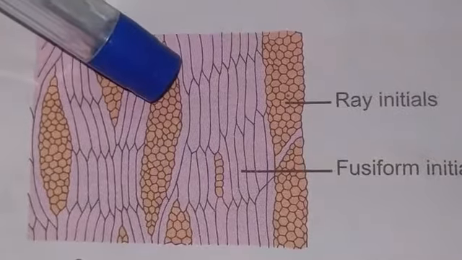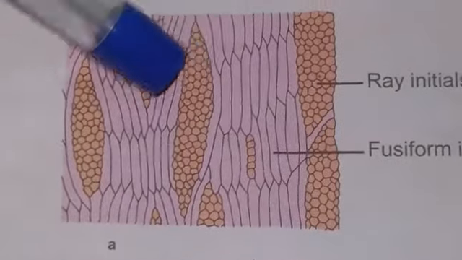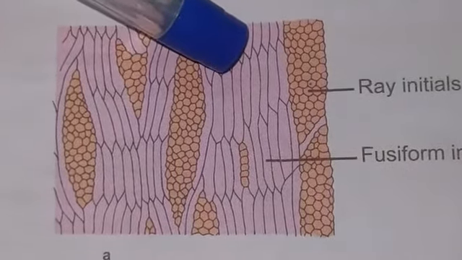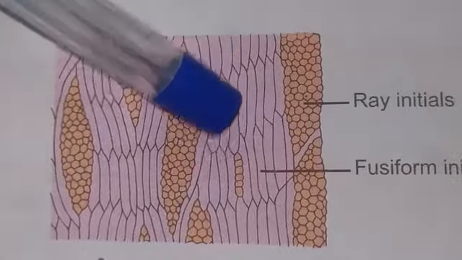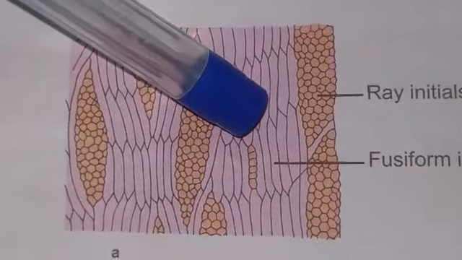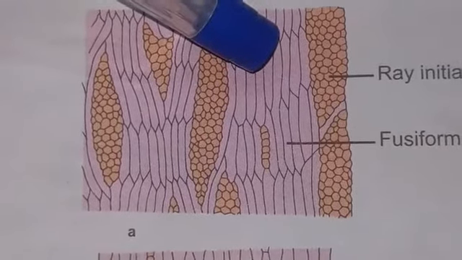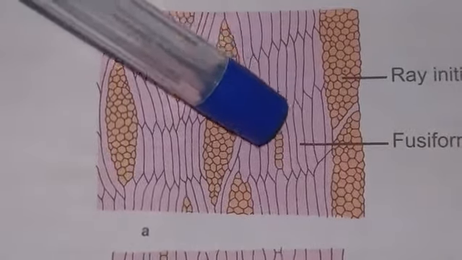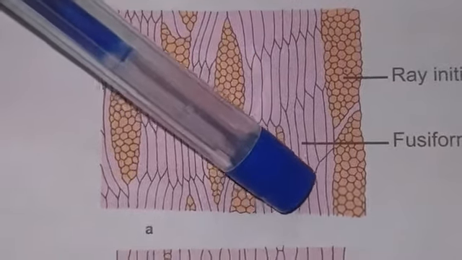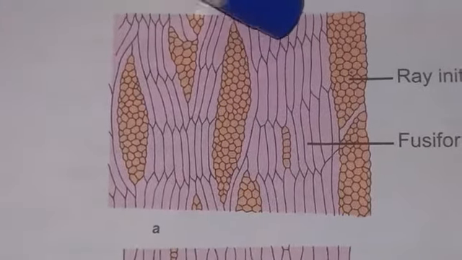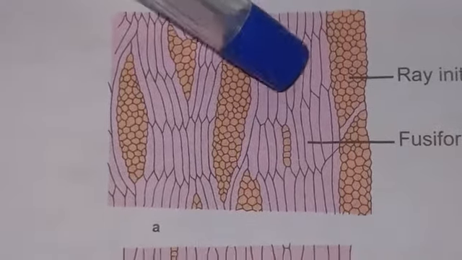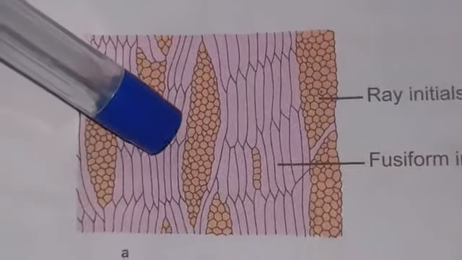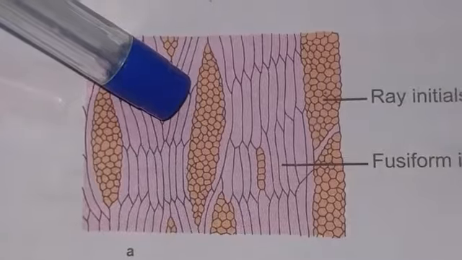First one is storied or stratified cambium. If the fusiform initials, that is the elongated vertical cells, are arranged in horizontal tiers, with the ends of the cells of one tier appearing approximately at the same level as the next tier, this arrangement is called a stratified cambium.